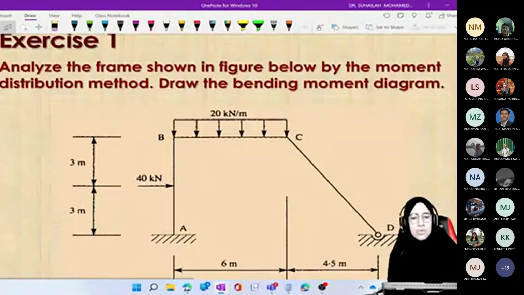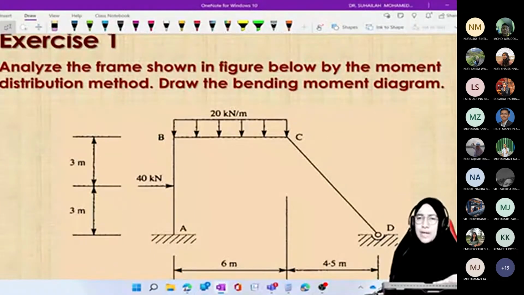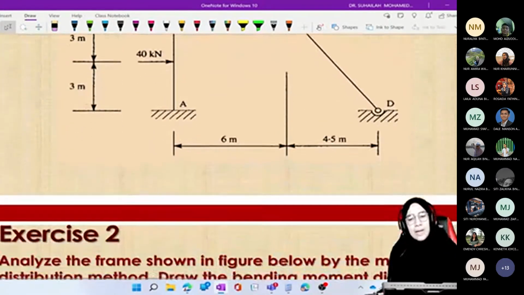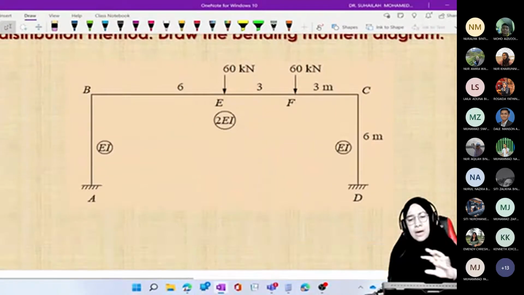So yang ni adalah coverage yang ada dalam frame. So frame ni, yang tadi example tegak tu cuma yang basic. Sebab under frame with Sidesway, dalam you punya syllabus, dia cover sekali frame yang ada incline column. Macam ni, C dengan D incline. Yang ni pun cover, masuk dalam your coverage.